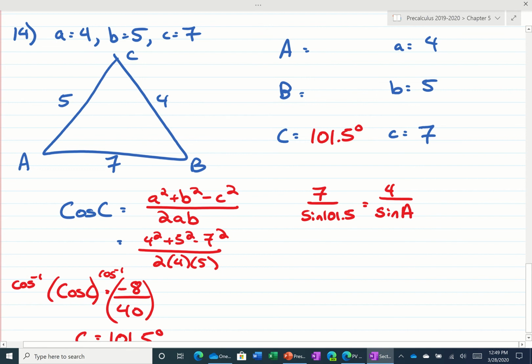So let's see what happens. 4 times the sine of 101.5 divided by 7 is the sine of A, which would equal 0.5599. If we take the inverse sine of both sides, we get A would be 34.1 degrees.